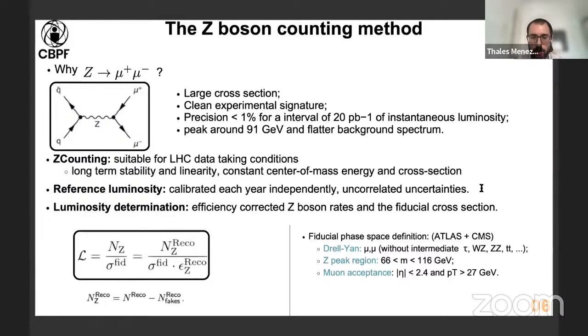Our muons should be within the acceptance of the detector, smaller than 2.4 in absolute rapidity, and transverse momentum higher than 27 GeV. We further restrict the invariant mass of the muon pair to be within the range of the Z peak, which can be defined between 66 and 116 GeV.